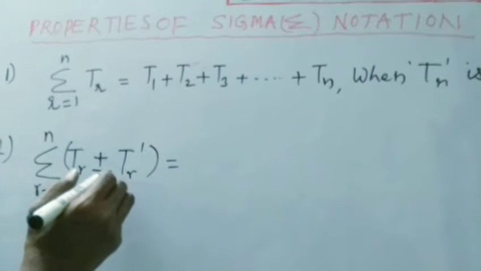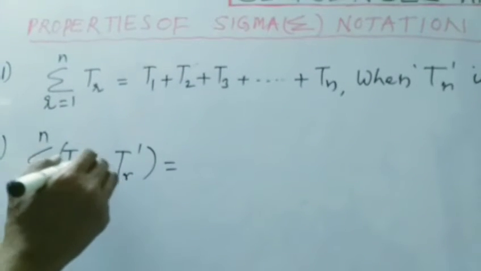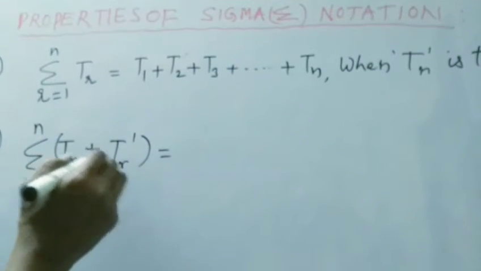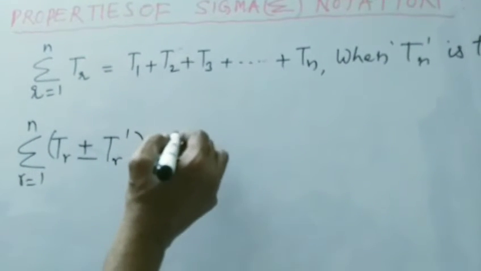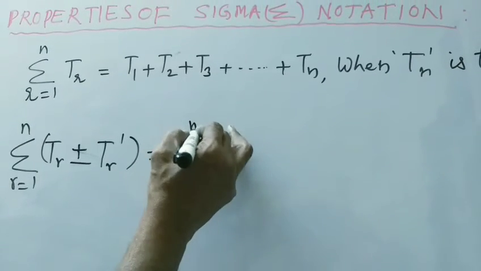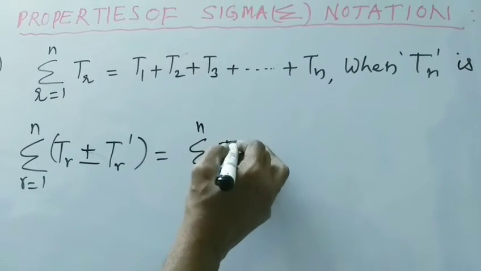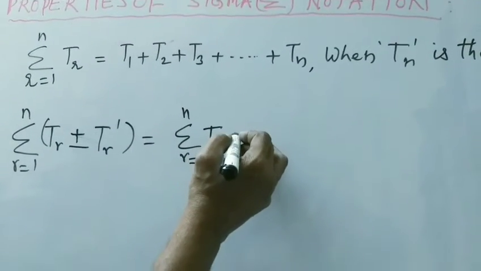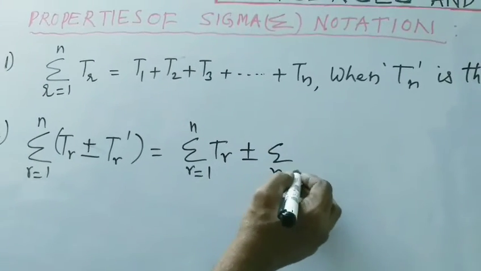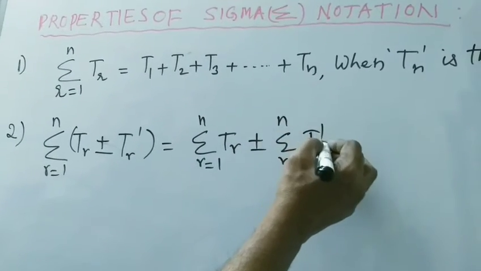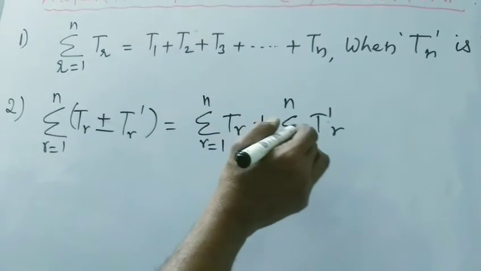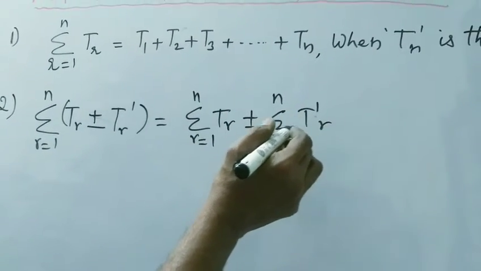That means here it is split into two, one is addition and one more is subtraction. This is the tr term, this is the t dash r term.